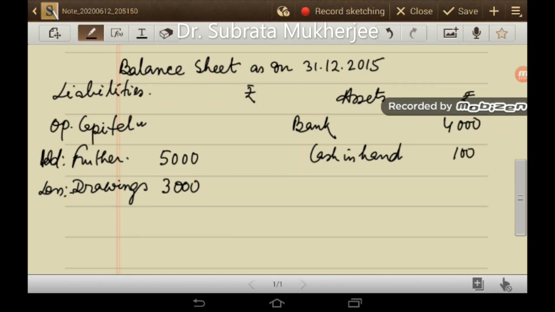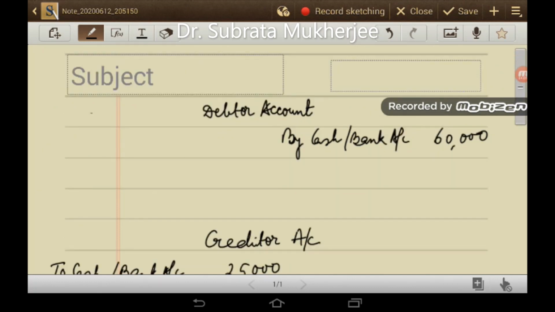Next, the balances of debtor, creditor, stock in trade, plant and machinery, and furniture and fittings are given. In the debtor account, to balance b/d is the opening balance as on 31st December 2014, and this is the closing balance.